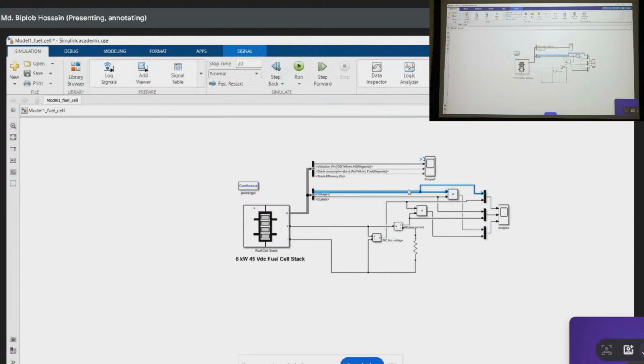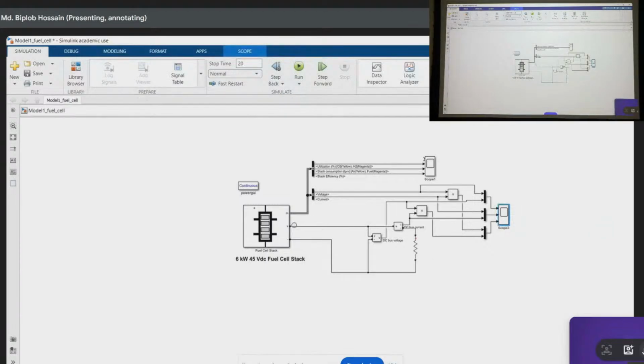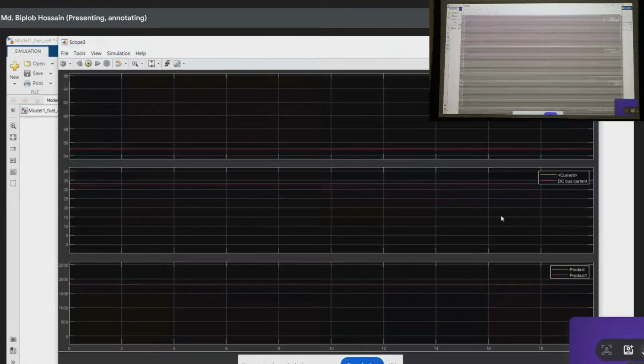So here we can see this is the stack voltage and this is the voltage across the load. If we go to channel 1 only and put here legend, you see the voltage across the load and the voltage of the stack are the same, because it is 45 volts and this load is connected in parallel with this terminal. So that is why we can observe the same voltage from here.